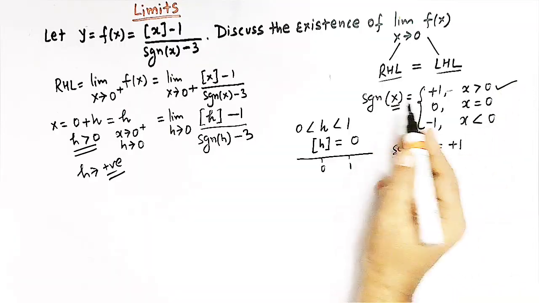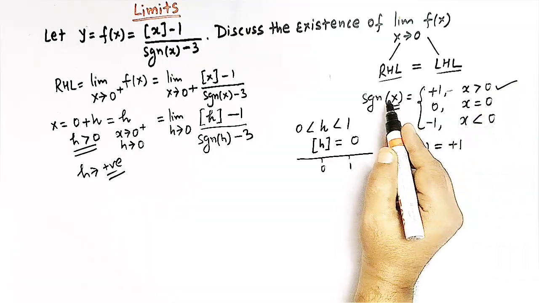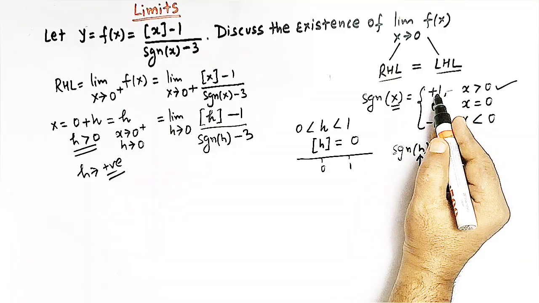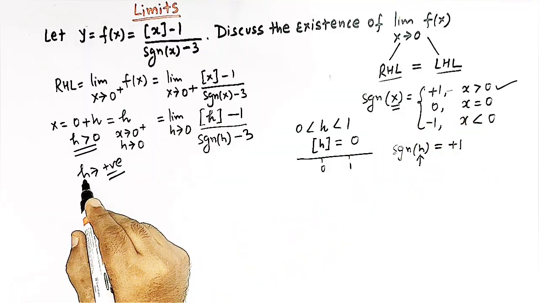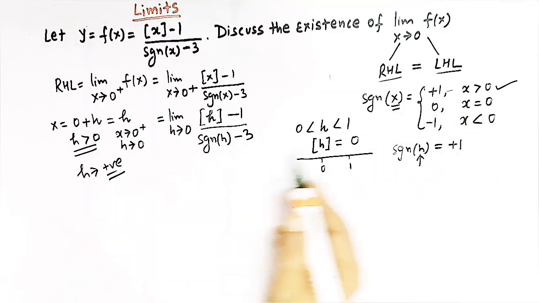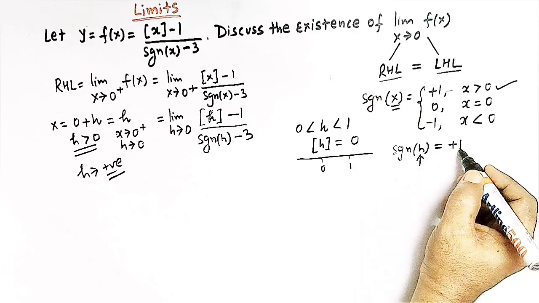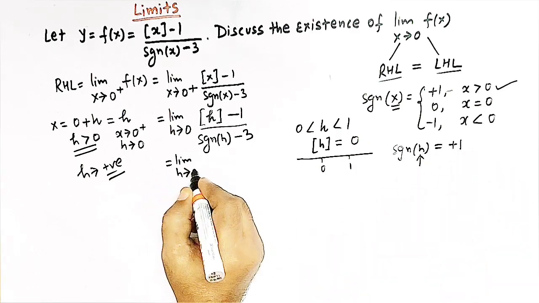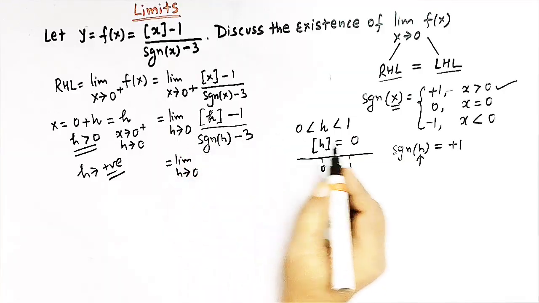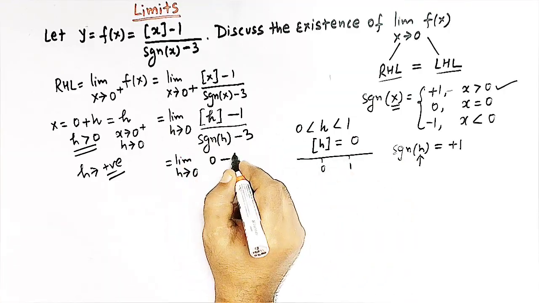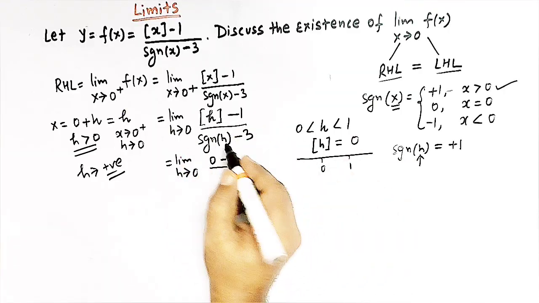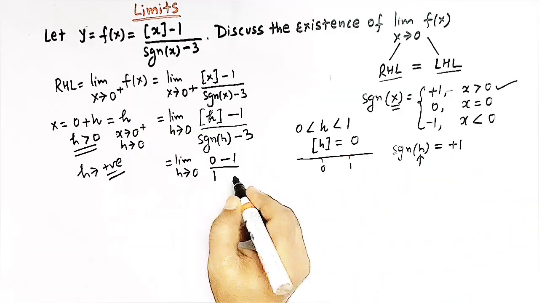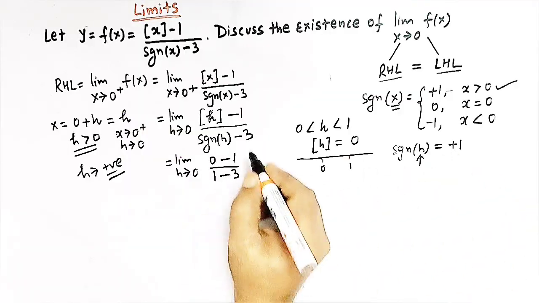So whenever x is greater than 0, then signum of x is equal to plus 1. Here h is a positive quantity, so signum of h takes the value plus 1. So now we have limit h tends to 0, greatest integer of h is equal to 0. Here we have minus 1, signum of h is equal to 1, and here we have minus 3.